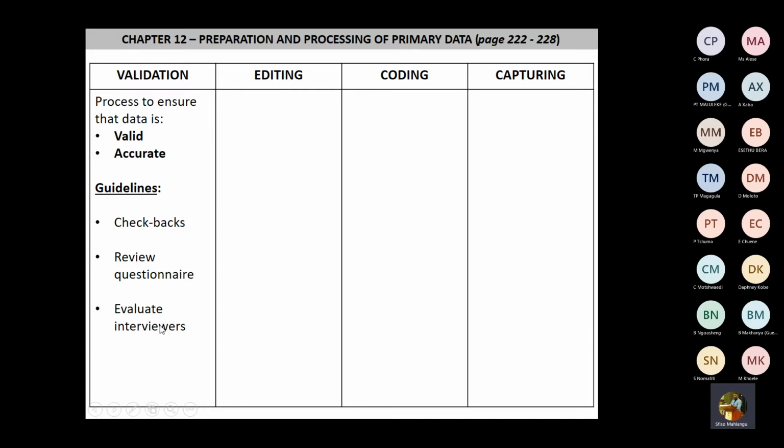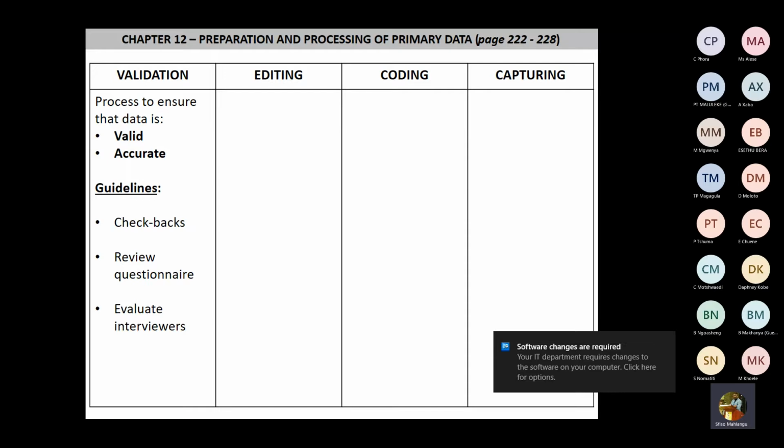In other words, the people who conducted this research or who interviewed the respondents, we can easily assess how responsible they are, how trustworthy they are. So we can actually measure a lot of things regarding the interviewers.